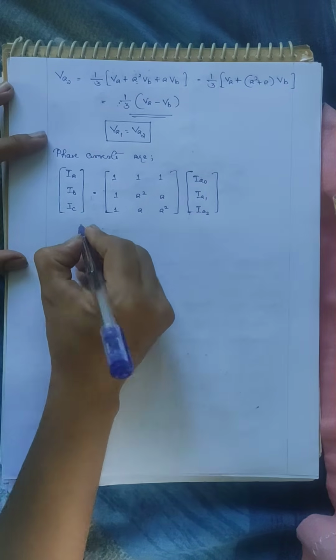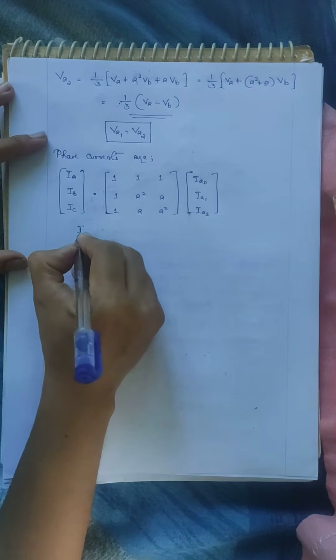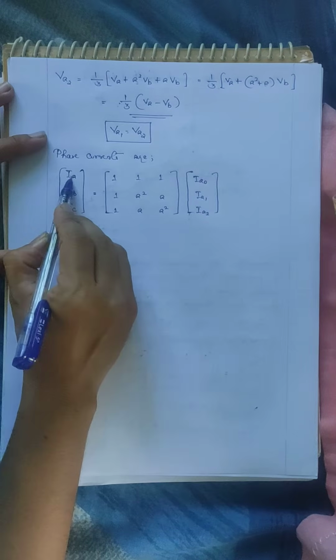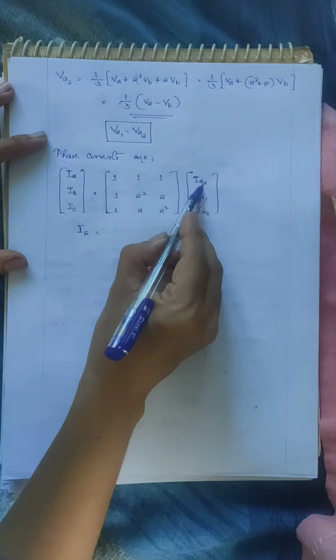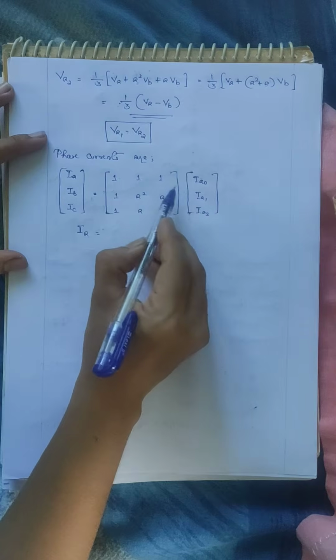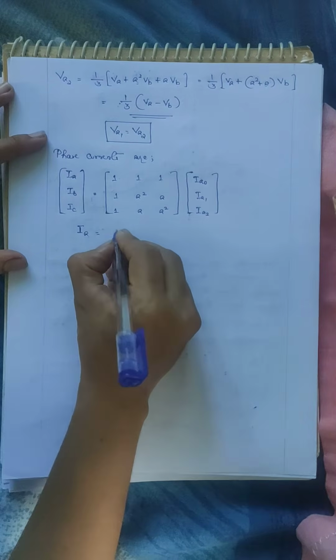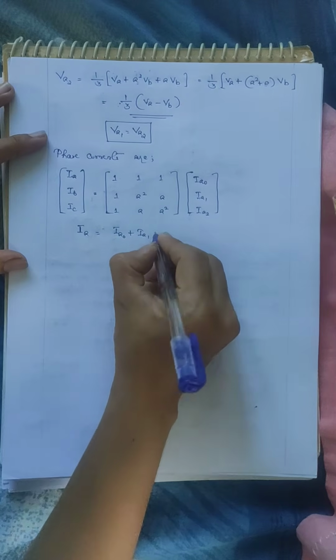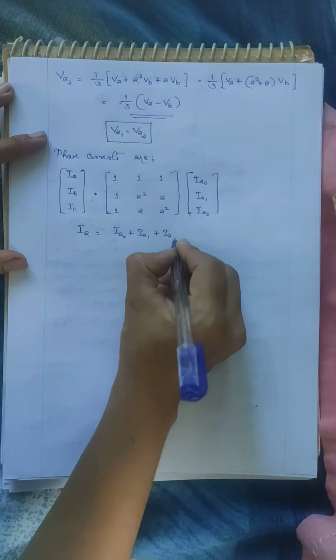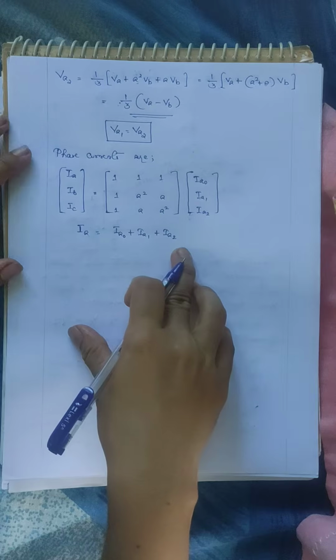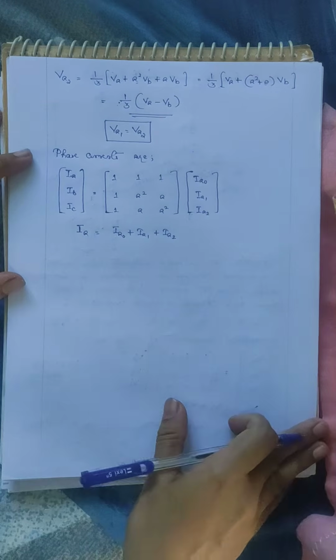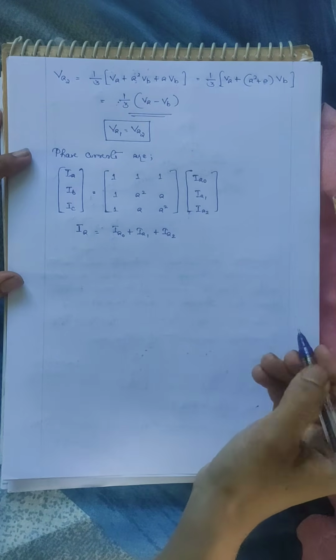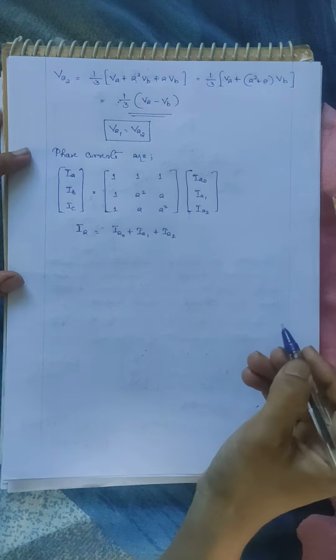Now let us write the expression for each of the phase currents IA, IB and IC. First, the equation for IA. IA will be equal to 1 into IA0 plus 1 into IA1 plus 1 into IA2, that is IA0 plus IA1 plus IA2. In this diagram we are considering an unloaded alternator, and the current flowing through phase A is 0.